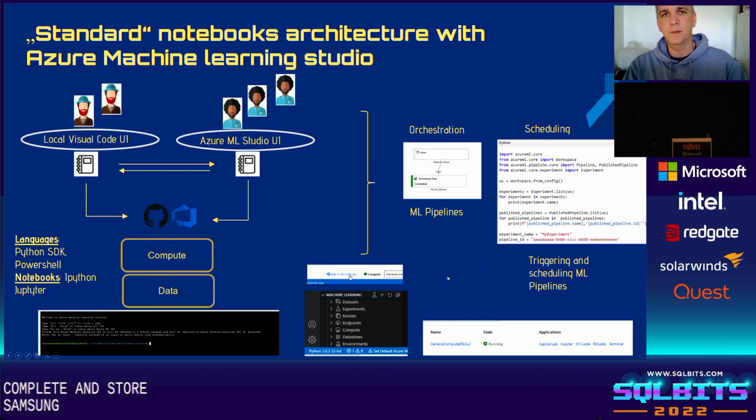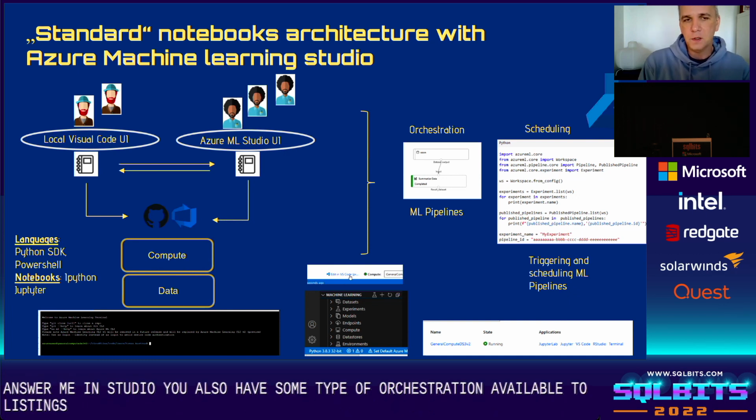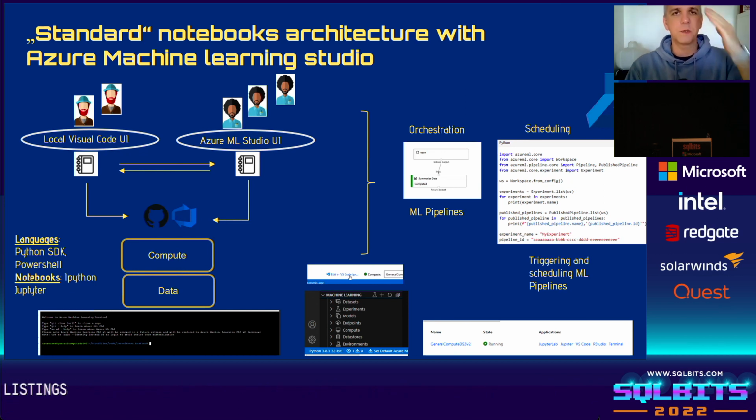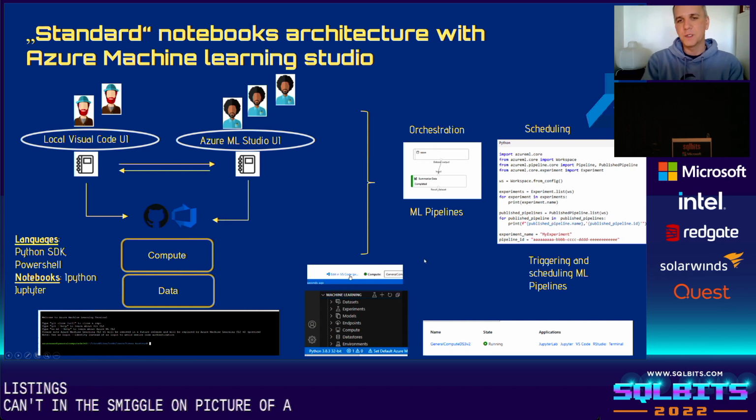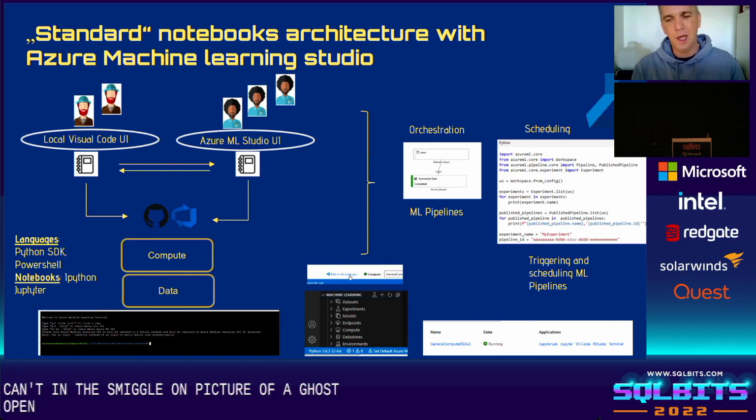Essentially, in Azure Machine Learning Studio, you would also have some type of orchestration available, also scheduling. So those things are basically taken care of. And for those using Azure Machine Learning Studio, there is also this add-in for Visual Code in the middle picture at the bottom here. This was introduced not that long ago, where you can essentially open a Jupyter lab in Azure, just added in Visual Code.